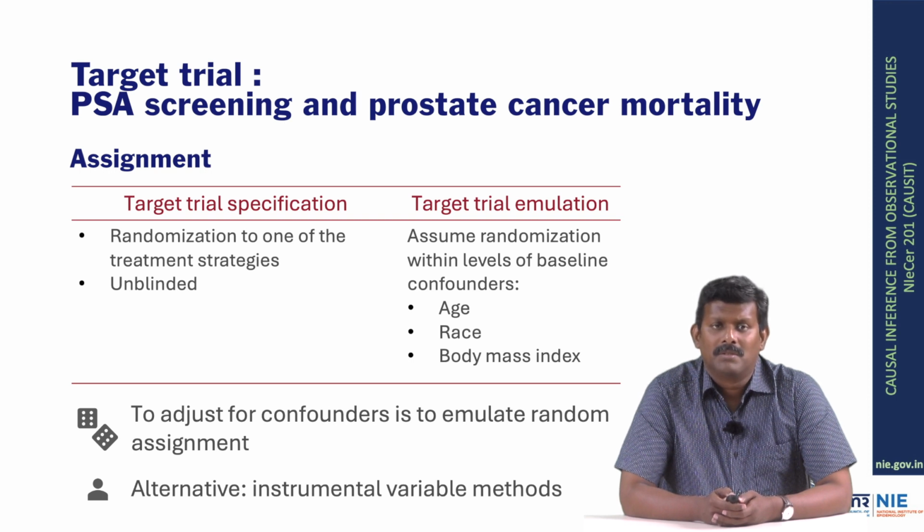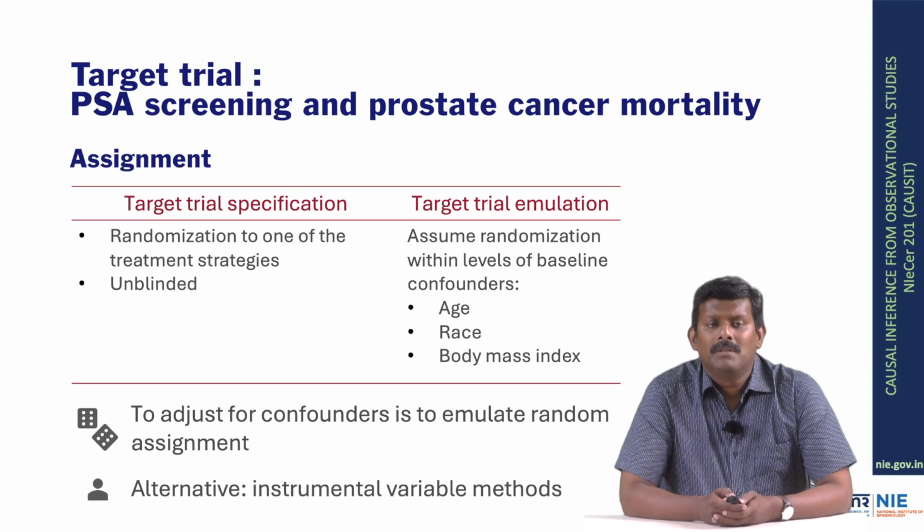But in the emulation, the groups have to be equated by using baseline confounders such as age, race, and body mass index, thereby assuming randomization. Adjusting for confounders is to emulate random assignment. Since random assignment is just not possible in an observational study, an alternative is instrumental variable methods.